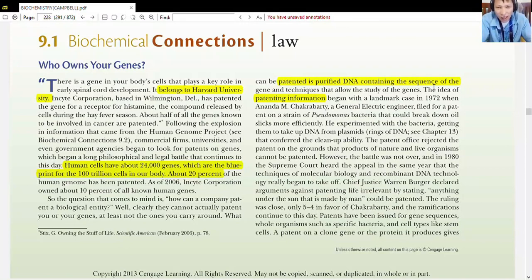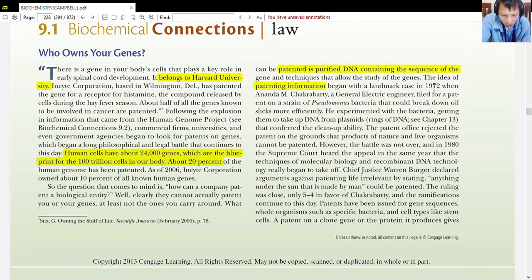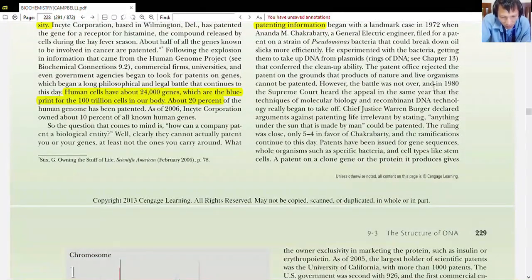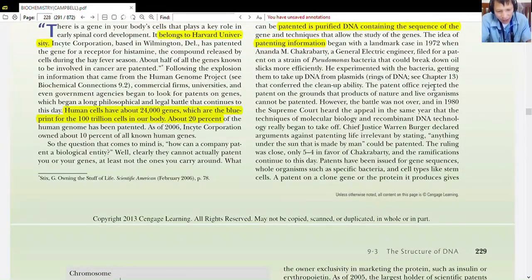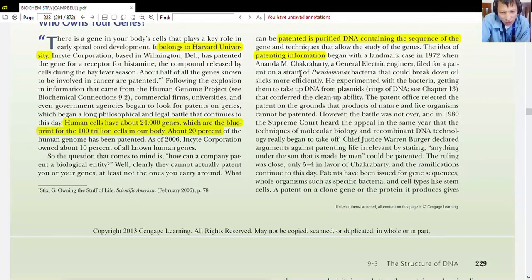So to make the situation as clear as possible, so that we are on the right page: the first patent of genes, I think it is mentioned here, was in 1972 by Chakrabarty. He or she was an engineer from GE.